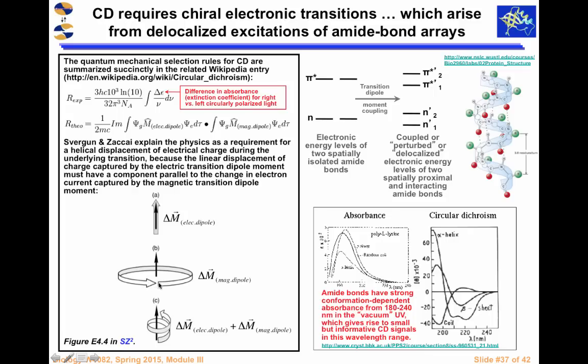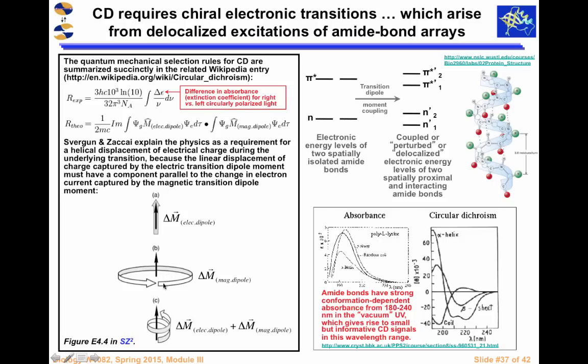A magnetic moment has a chirality associated with it. So to simplify a little, but this is fundamentally accurate, for an electronic transition to absorb right and left circularly polarized light differently, there must be a change in the magnetic dipole moment, because that is the only chiral interaction with an electromagnetic field.